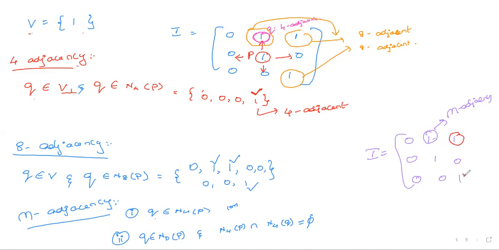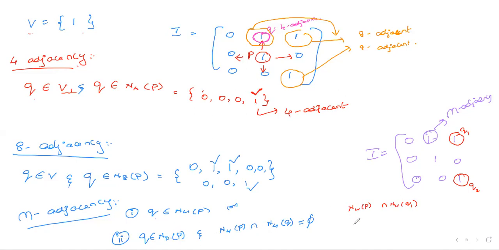This one and this one are diagonal pixels, in red color. I am taking these as Q1 and Q2. Now you have to check N4 of P intersection N4 of Q, because you have to satisfy both conditions.